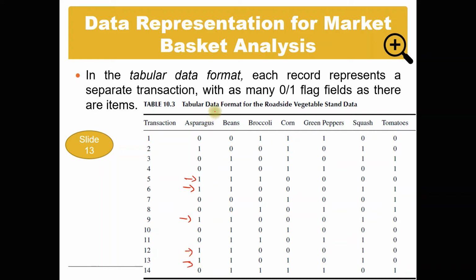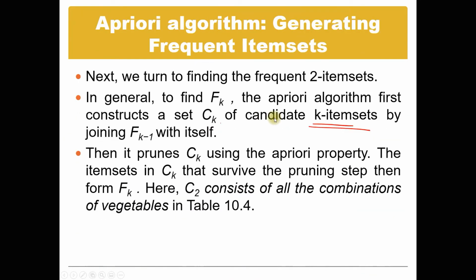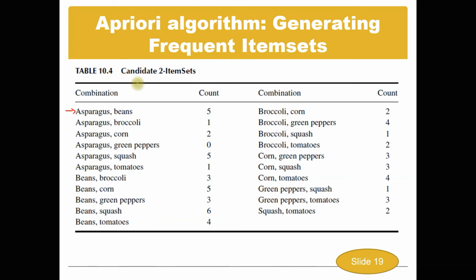Then you need to do the same thing for asparagus and broccoli, how many times they appear together. So that's what we are doing here. Asparagus bean, 5 times, asparagus broccoli, and it goes on like that. So you already see here that when you look at the frequency of these C2, these are our C2 here, these list, asparagus bean, asparagus broccoli, and so on.